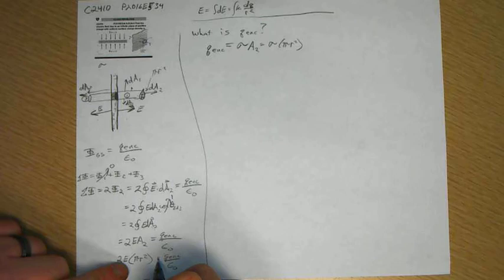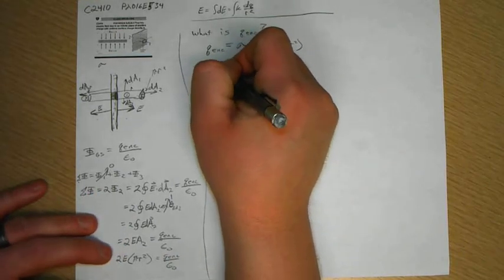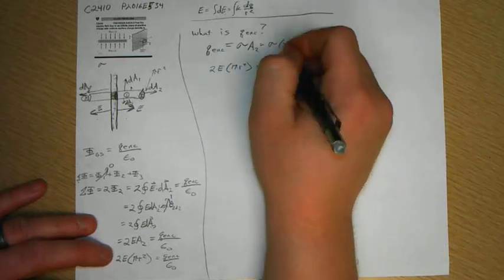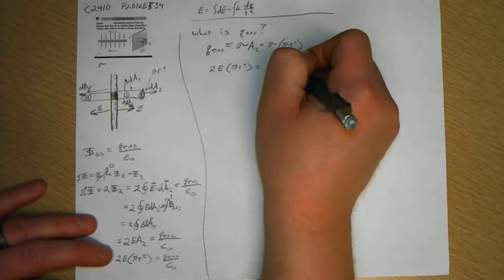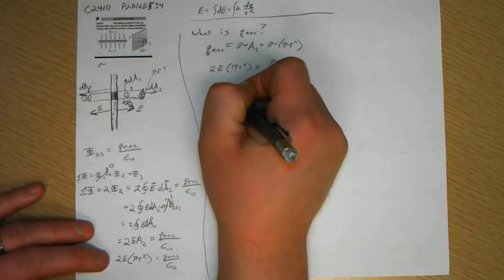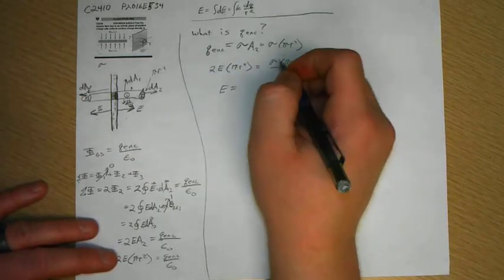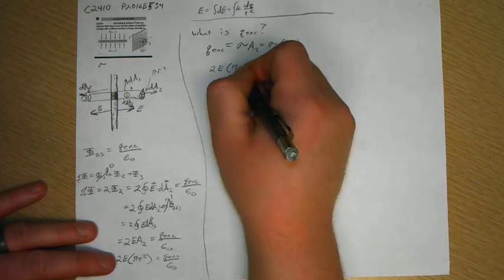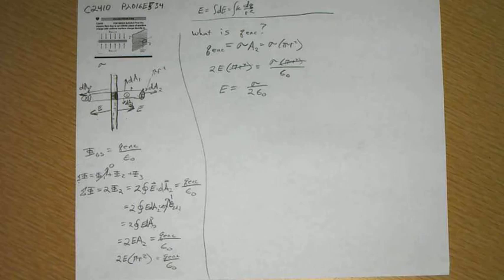So going back over here, 2E times pi r squared equals sigma pi r squared over epsilon naught, or E equals sigma over 2 epsilon naught. These two cancel.